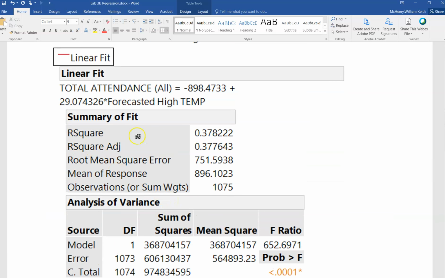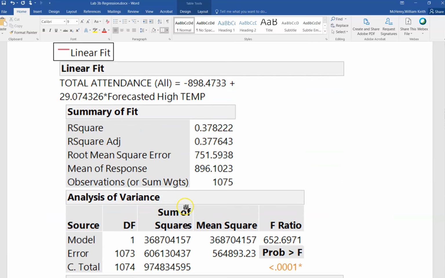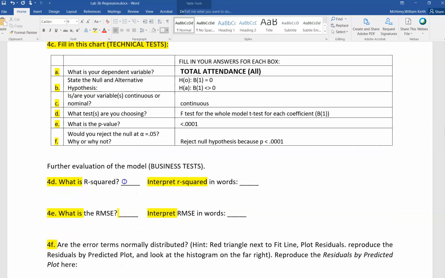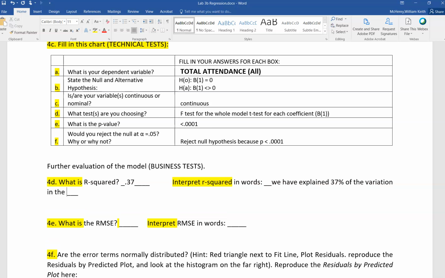Now for the business test, the R squared is 0.37, so we'll fill that in, 0.37. And the interpretation is we have explained 37% of the variation in the attendance by the temperature.